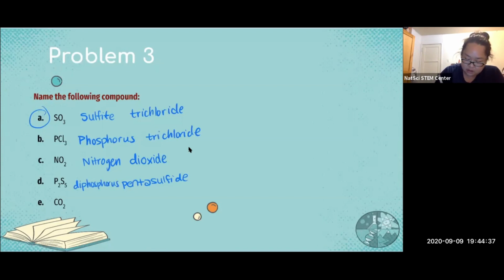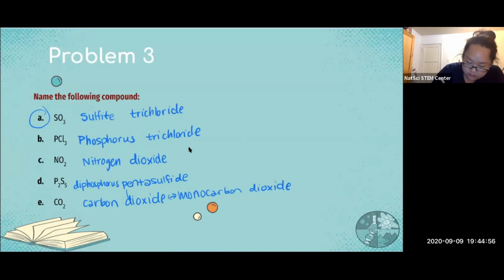Okay, the last one? Carbon dioxide. Yep, carbon dioxide. You can write it as well, mono or monocarbon dioxide. So the error in your first one is that it isn't sulfite, but it is sulfur.